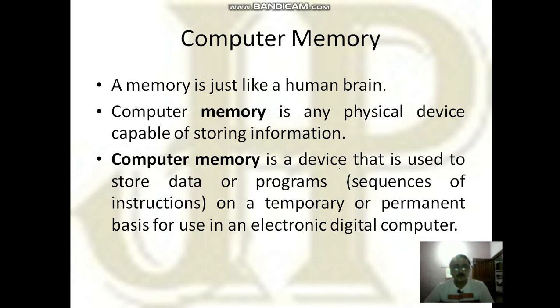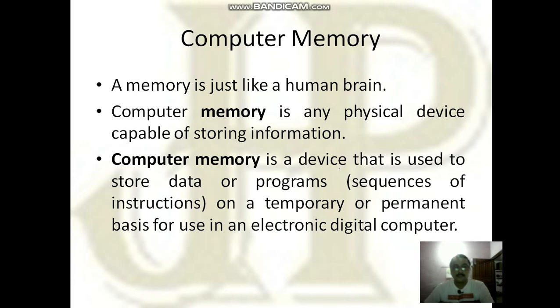So what is computer memory? As a layman, we can say a memory is just like a human brain. So, computer memory is any physical device capable of storing information. Thus, the definition can be as follows.